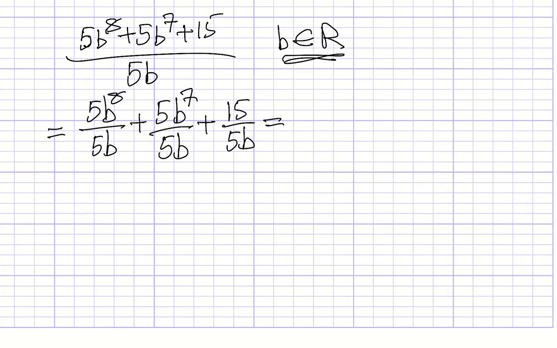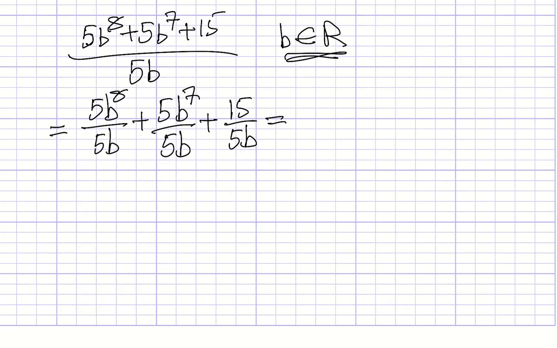Don't forget all the rules we've been following. Okay, 5 cancel 5, you get b at the bottom from b at the top, you get 7. Okay, plus 5 cancel 5, look at the b at the bottom and the b on top, you get 6 there.